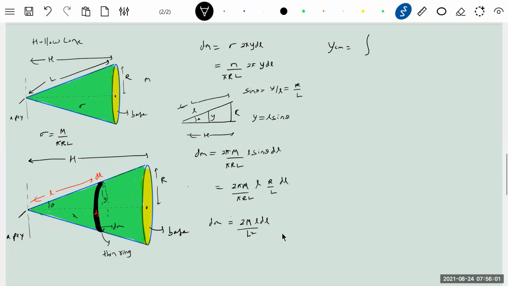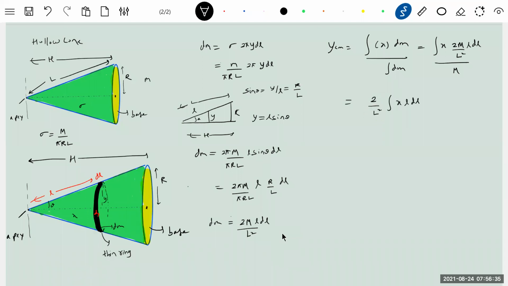The center of mass of this elemental ring will be at a distance x from the origin, from the apex. Then mass of that is dm by total mass, x keep as it is. dm is what we derived, equal to 2M by L square, L dl. M gets cancelled, so 2 by L square, x L dl.